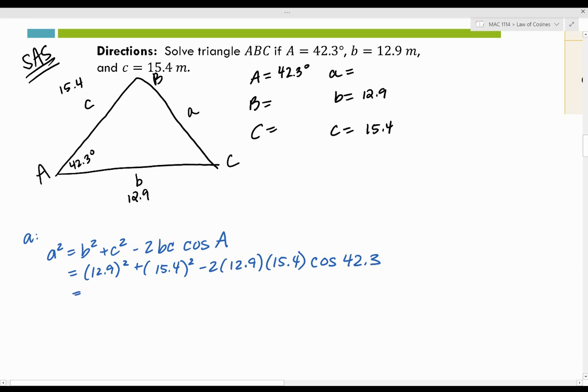I'm not looking for A squared, I'm looking for A, so I'm going to need to square root this number once I get it.